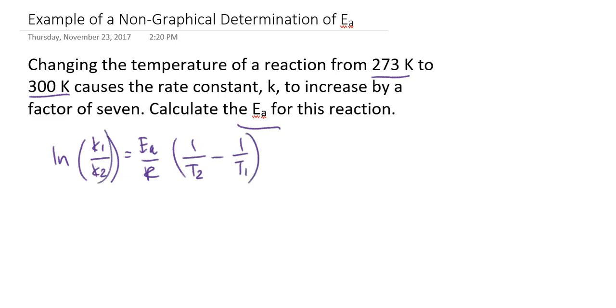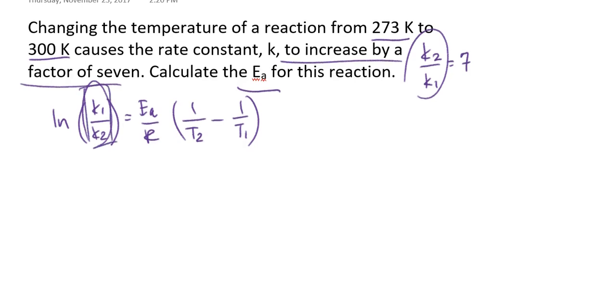Now notice that the ratio of rate constants is the reciprocal of what I need, because this sentence right here saying that the rate constant increased by a factor of 7 means that they're talking about k2 over k1 being 7. So probably the easiest thing to do would be to rearrange the equation so that this ratio appears as opposed to that one. As it turns out, that rearrangement's not so bad.